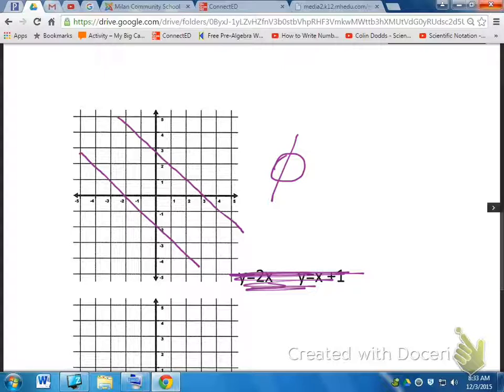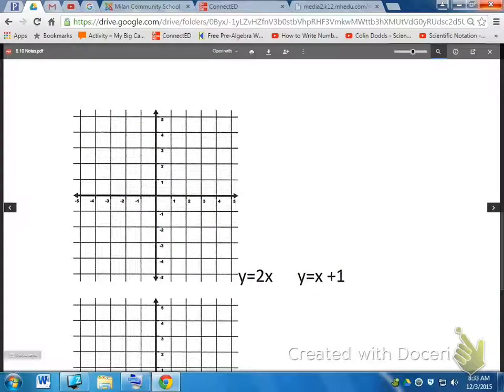There is no point. There's one more like this that's just the opposite. It would be if you graphed one line and then graphed another line right on top of it, because they might have it in a different form and you have to change it around. How many points do they overlap or intersect?